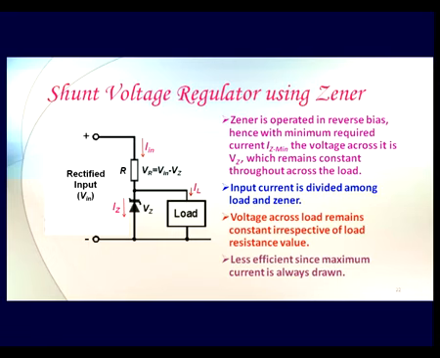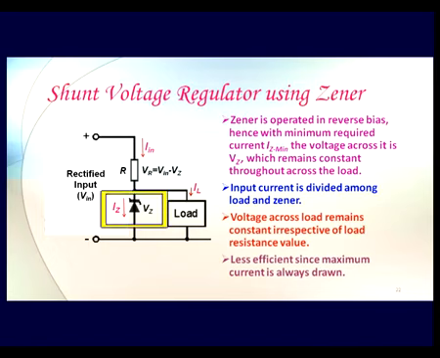So now here we are successful in having a constant voltage delivered to the load, and this was our requirement for a regulator, that it should deliver to our load a constant voltage irrespective of what other things happen. So this is the way it is operating. Now what is happening here?